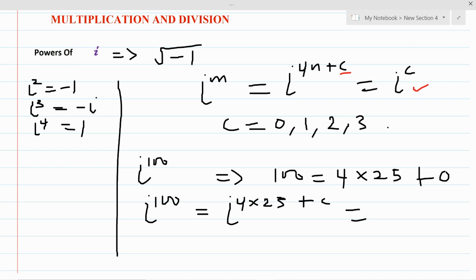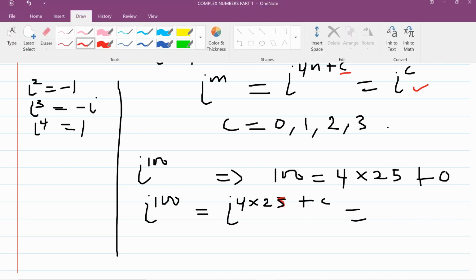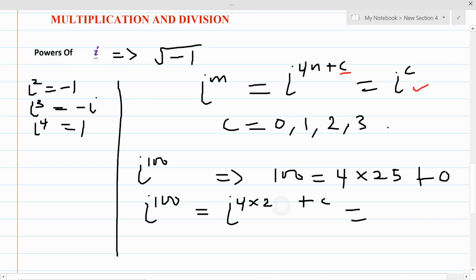If that is true, then you come here and check our c for this. This is 25, please. Let me erase it and write it properly.